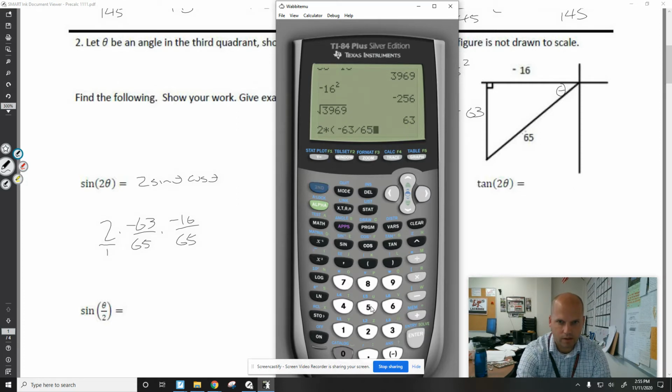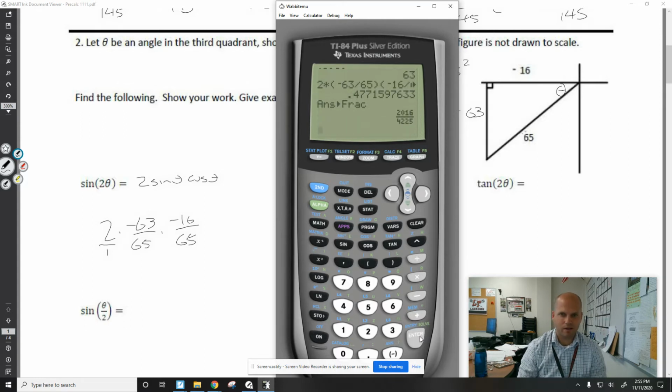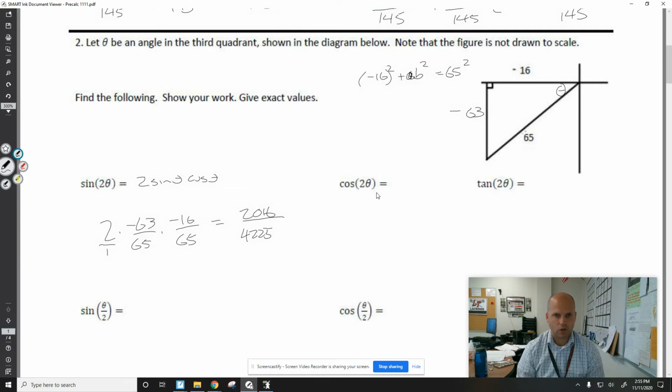Can I use my calculator? Yeah, I guess I can. Okay. You can use the fraction button. You don't have to type it in with division. Yeah, that doesn't simplify. 2016 over 4225. Cosine 2 theta.